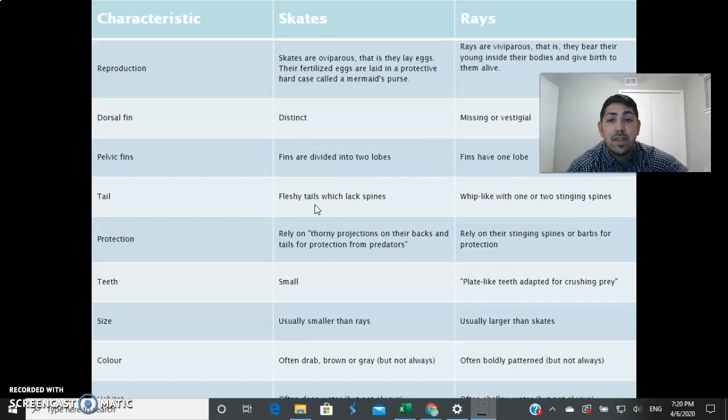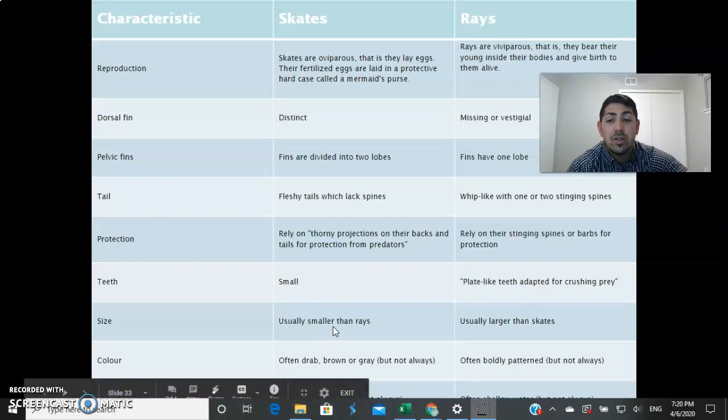They have fleshy tails in the skates and a whip-like one in the rays. They have small teeth in the skates and plate-like ones in the rays. Skates are usually smaller and rays are a bit larger. For color, skates are going to be drab or brown, whereas rays are going to have bold patterns.